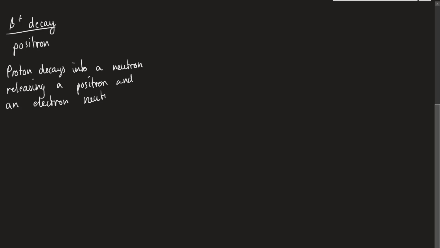Now some of you might be thinking, you literally just said protons can't decay, and now you're telling us there's a proton decay. Yeah, this beta plus decay only happens inside a nucleus. So this is not the proton itself decaying, it's decaying because it's part of a nucleus. This is where it starts to get to higher level arguments.